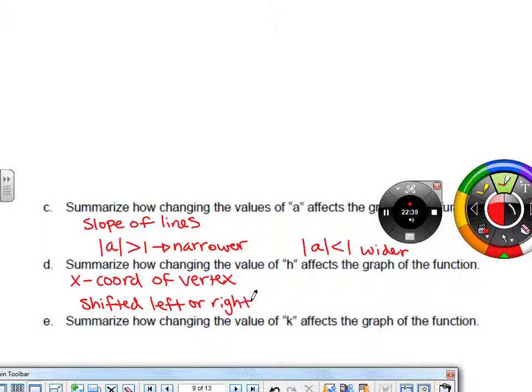And then how would you summarize for somebody what k is doing in this case? Alex? Good. So k is the y-coordinate of the vertex, which means it is causing shifting up and down. Okay. Any questions about how the equations are put together and how those a, h, and k values are going to affect your graph?